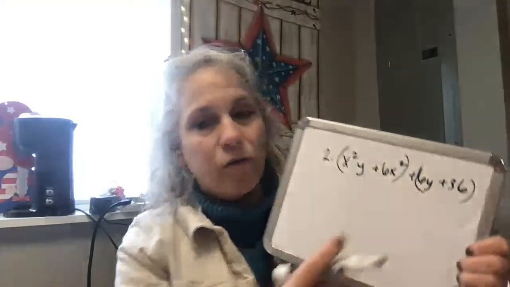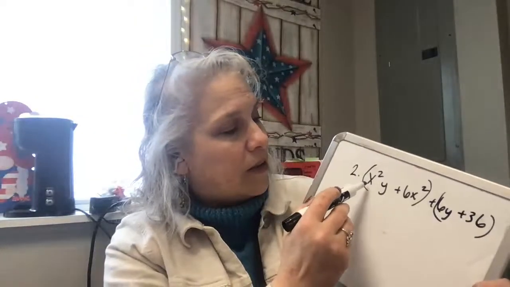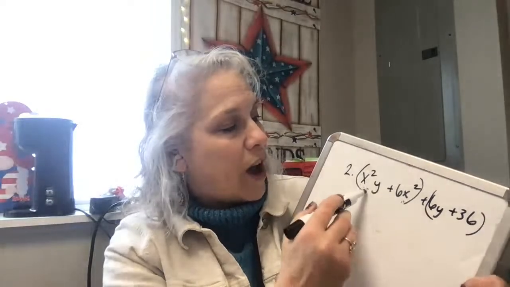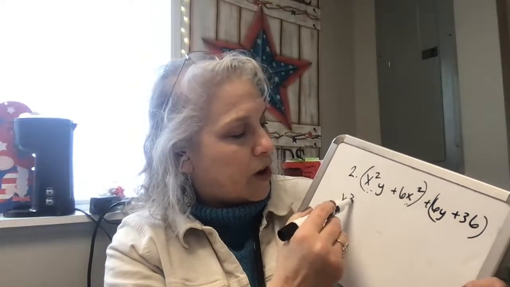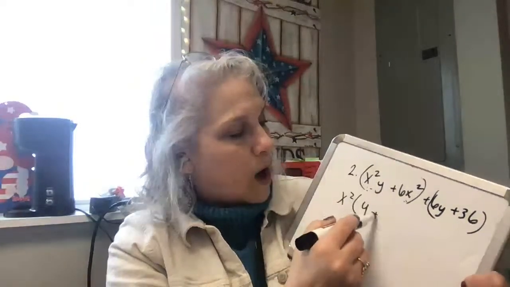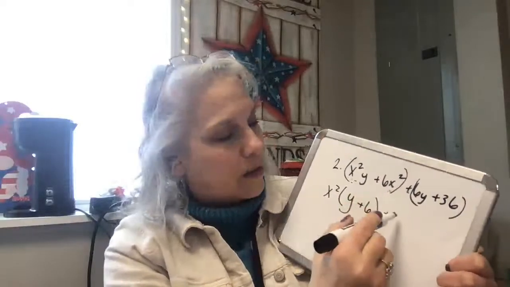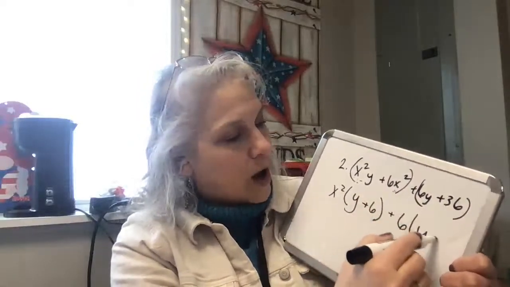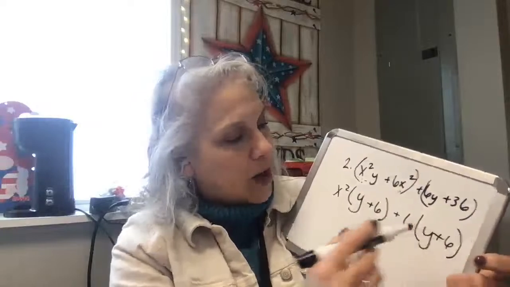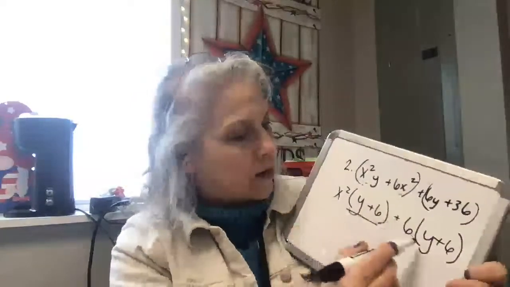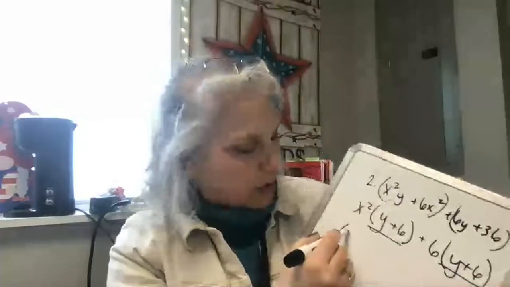So let's try grouping them like this, and I see that these both share x squared. So I factor out x squared, y plus 6, and these share a 6. So 6y plus 6. And now this is the same, so I'm going to factor that out.